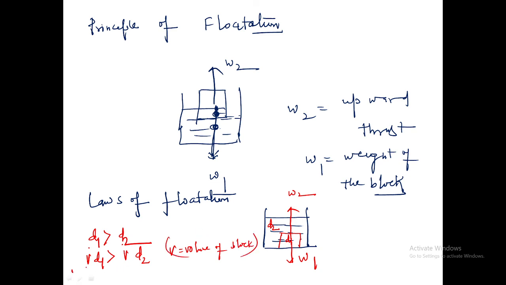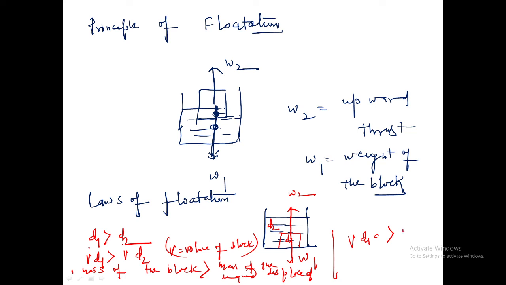So of course the mass of the block is greater than the mass of the liquid displaced. That is, V into d1 into g is greater than V into d2 into g, that is, W1 is greater than W2.